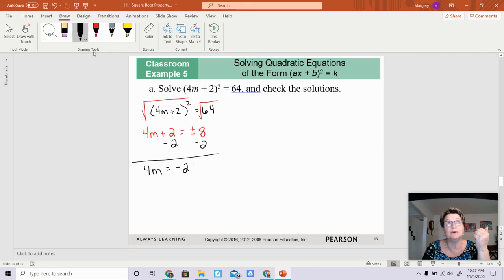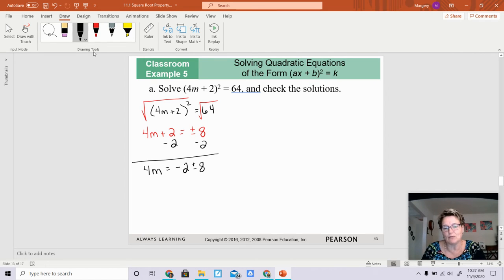So negative 2 plus or minus 8. Because I know I can combine these two numbers together, I'm going to wait before I actually divide.